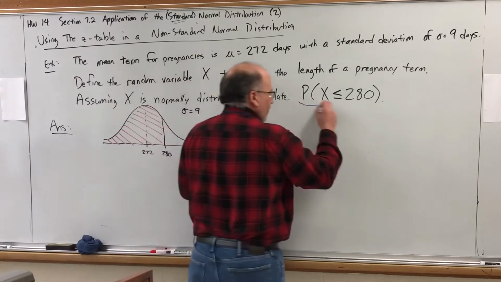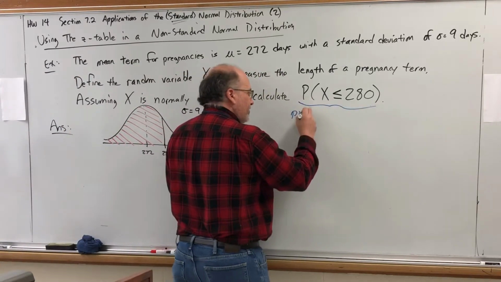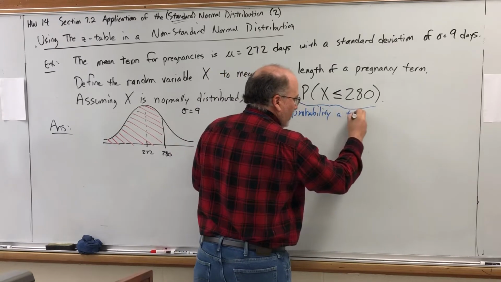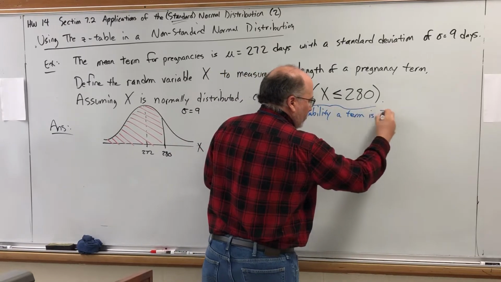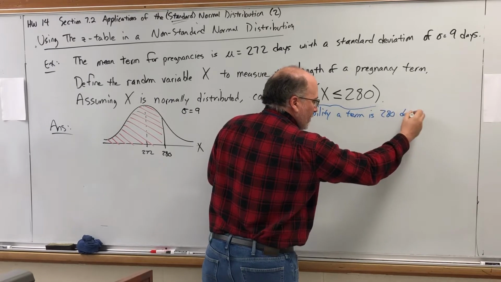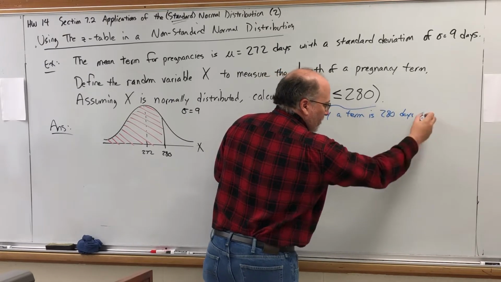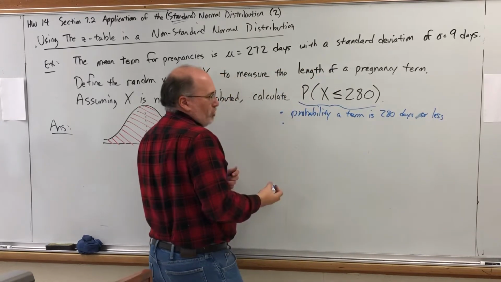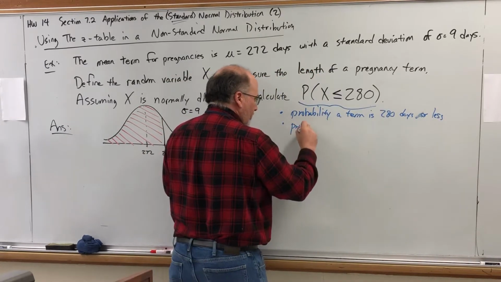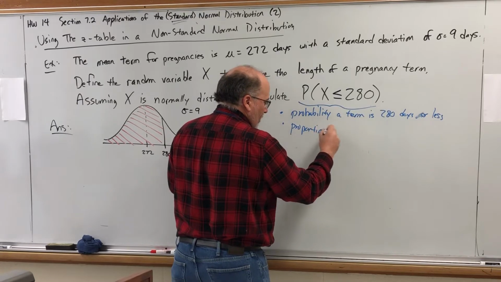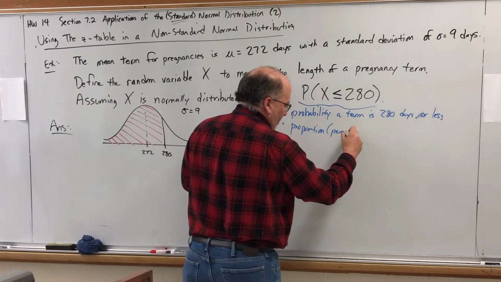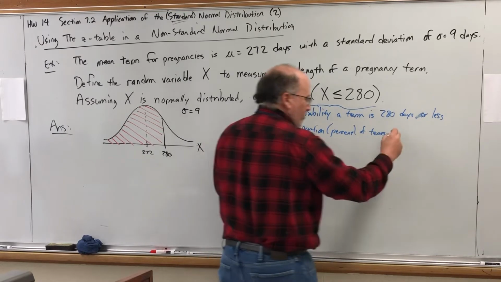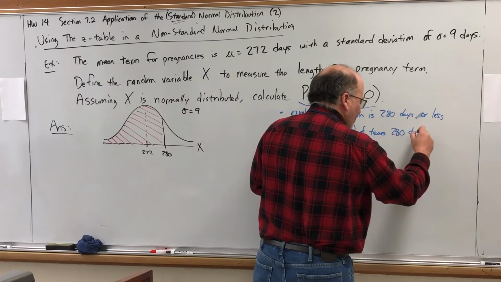In words, this would be the probability a term is 280 days or less. But this can also be interpreted as the proportion or percent of terms 280 days or less.